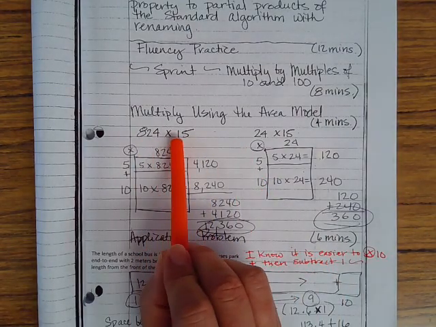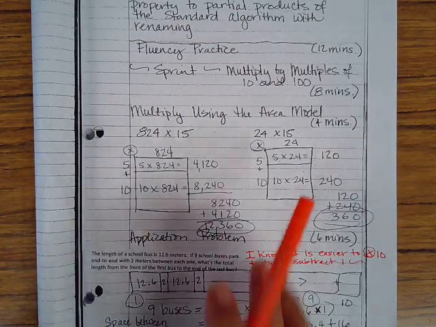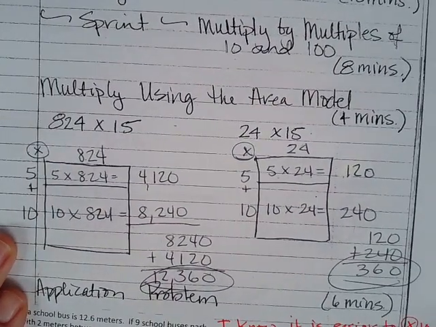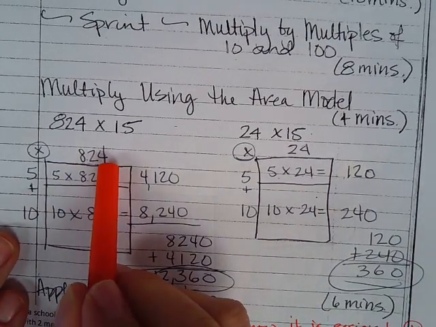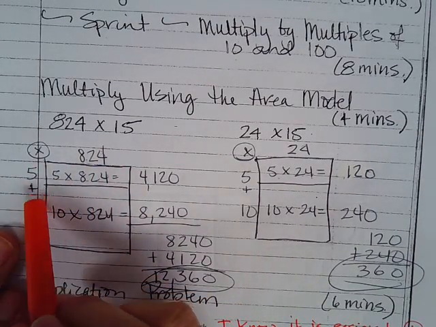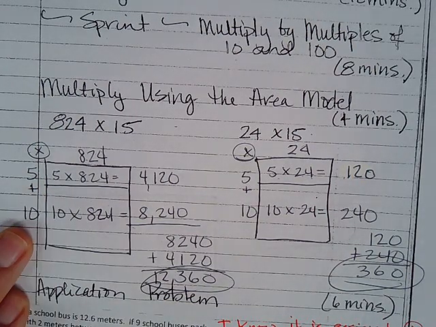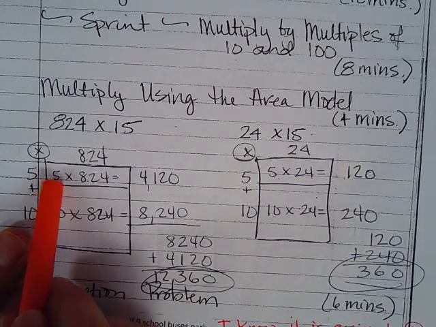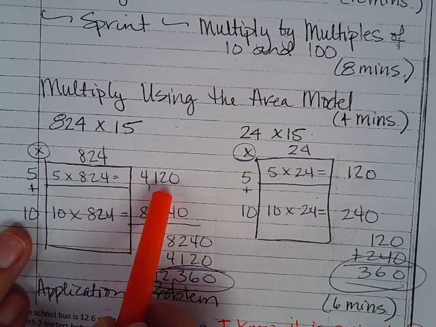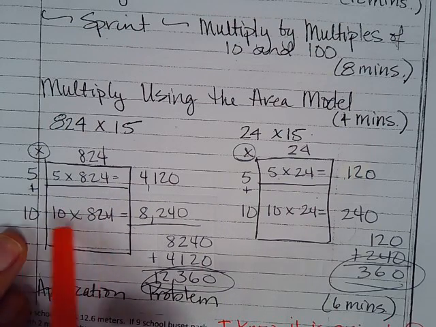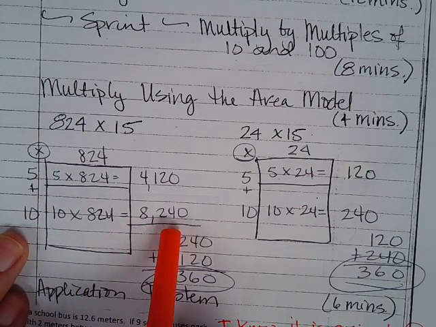All right, here we go. So 824 times 15, and if I broke it up into an area model to make it easier to multiply, so 824 times 5 plus 10, and we know that multiplying by 10 always makes our life a little bit easier. So 5 times 824 is 4,120, and 10 times 824 is 8,240.